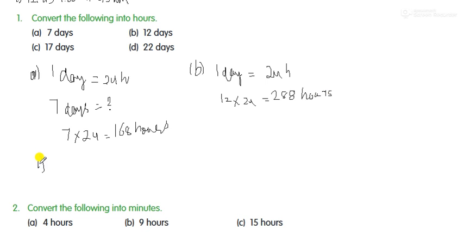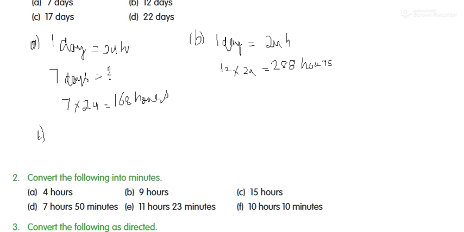Next, the C bit is 17 days. 1 day equals 24 hours, and 17 days equals how much? 17 into 24 equals 408 hours.